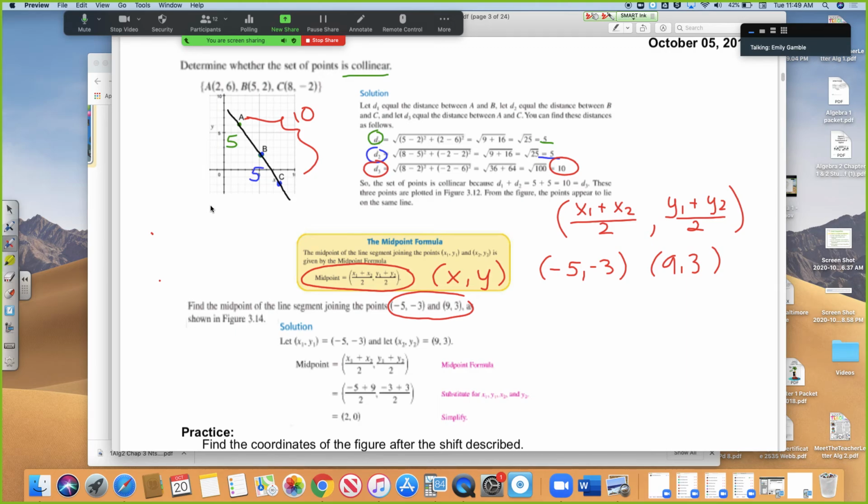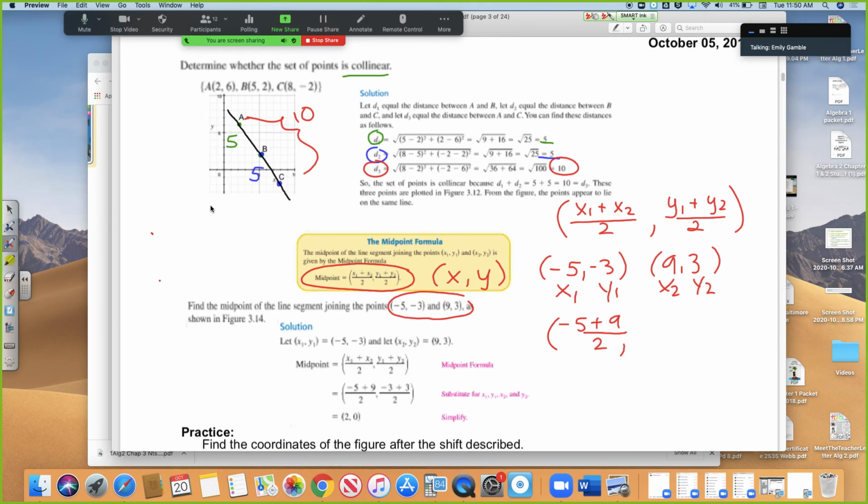So when I use the formula for this, if this is the first ordered pair, this is the first x and the first y, so this is x1, y1. This is the second ordered pair, so this is the second x and the second y. I'm going to take my x's and add them and then divide by 2. So this is going to be -5 plus 9 divided by 2 for my x coordinate.